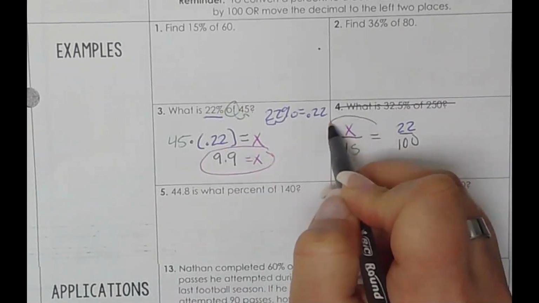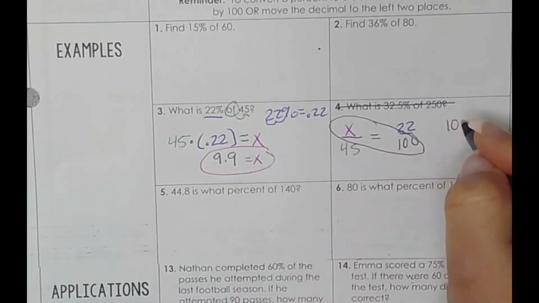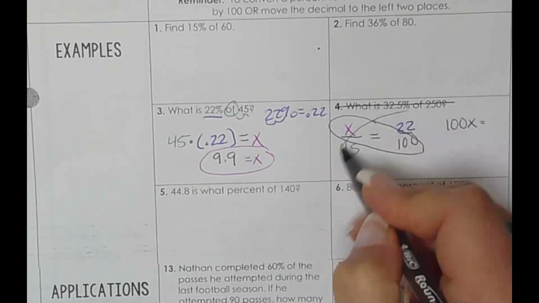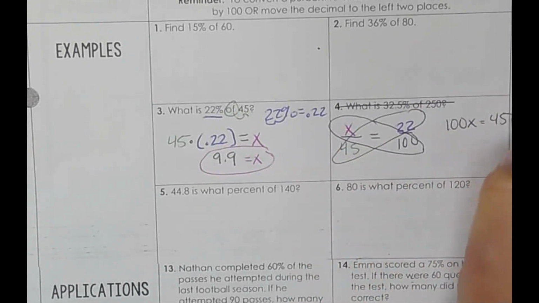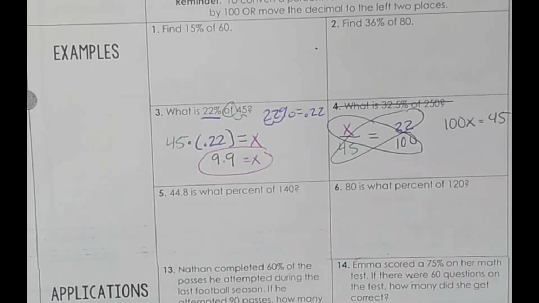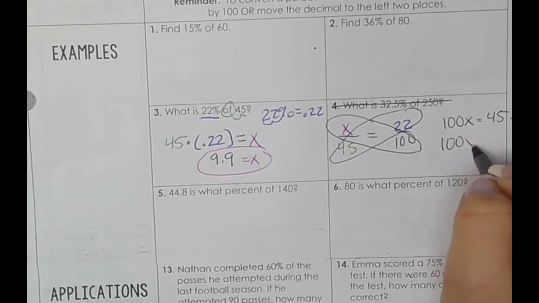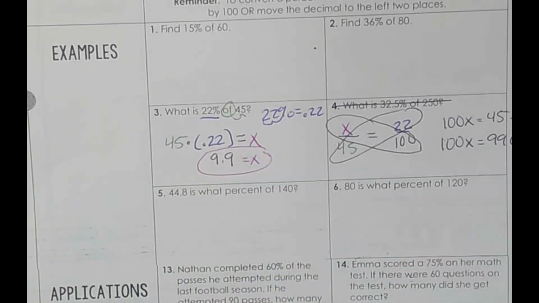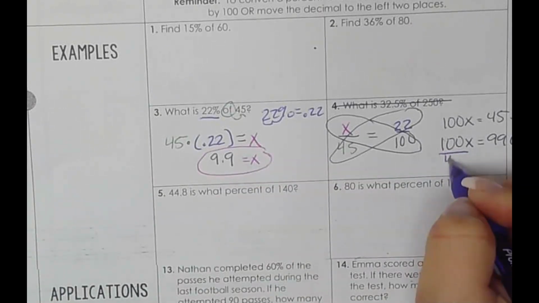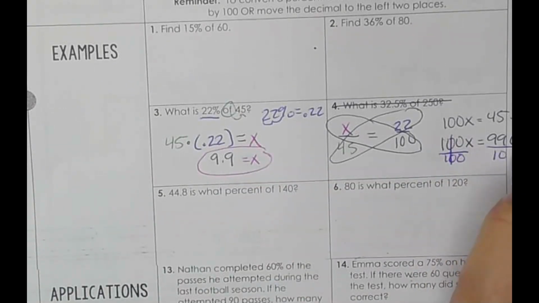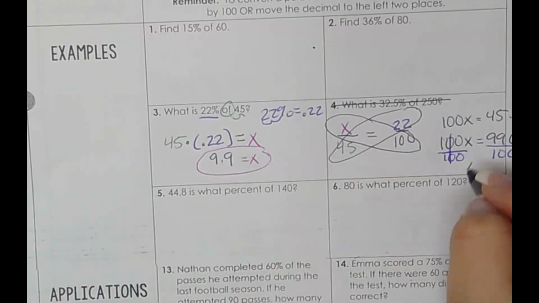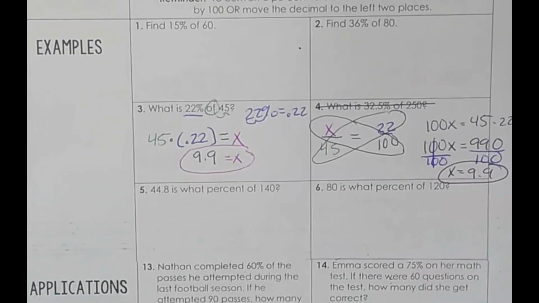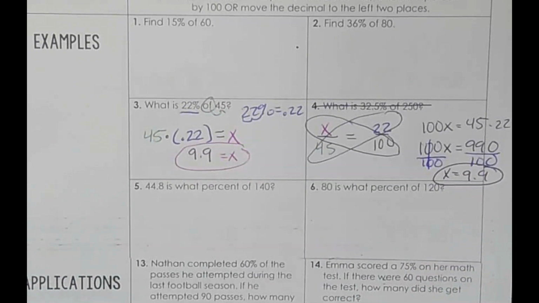We would then cross multiply, so that would be 100x equals 45 times 22. So 100x would equal 990. Then we would divide the 100 to both sides, and we would get that x equals 9 9/10. Okay, so either works on that.